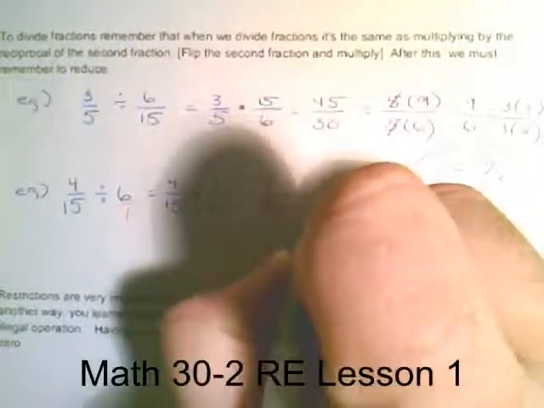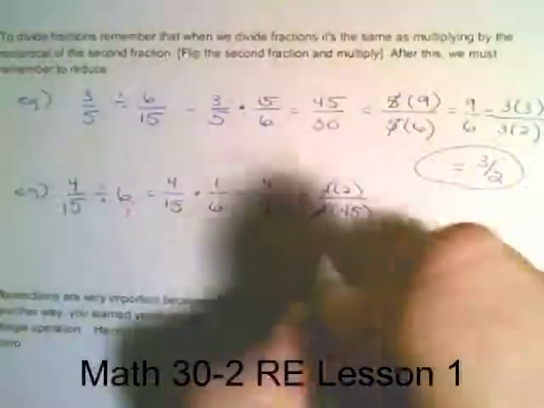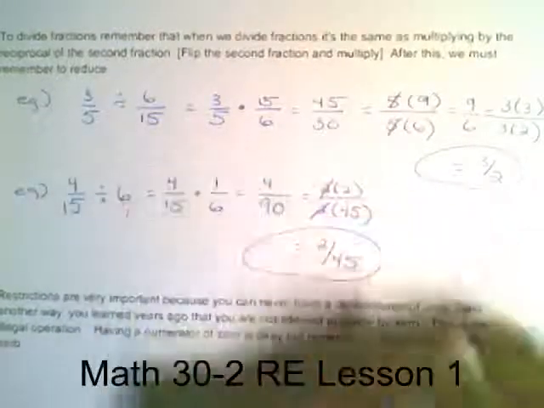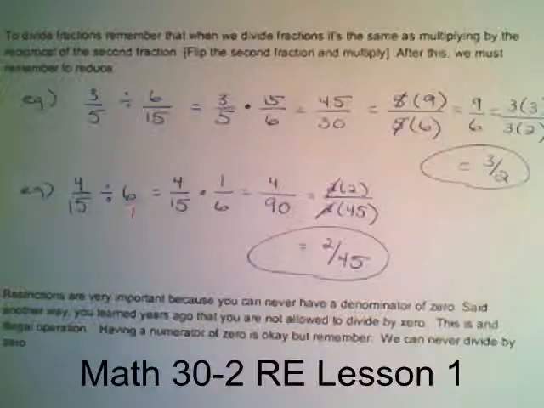So I get that. Then once again I look to reduce it. I see a common factor of 2, so I'm going to pull it out. It's going to be 2 times 2 in the top, 2 times 45 in the denominator. The 2's cancel. I get 2/45, which can't be reduced any further. So that's my final answer.